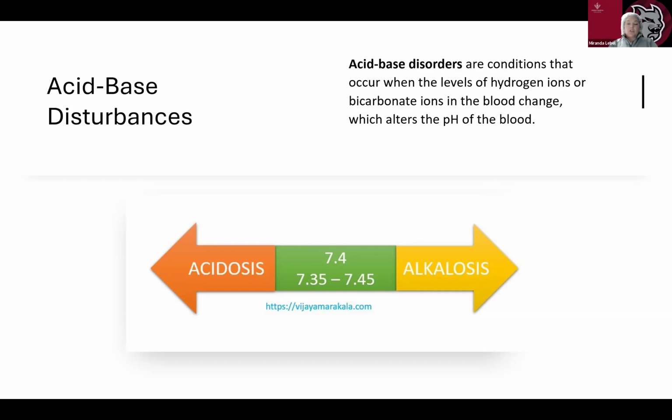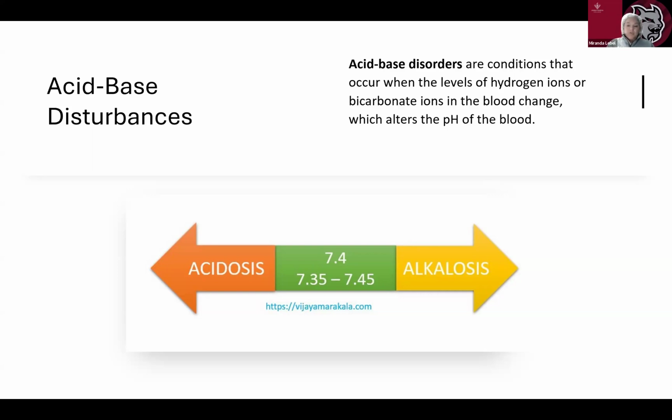Acid-base disturbances are crucial in clinical practice, particularly in critical care settings or emergency departments, and I know a lot of you want to go there. Identifying specific imbalances aids in understanding the underlying causes and developing treatment plans. So, a plasma pH can reflect blood acidity or alkalinity, which is what I said.